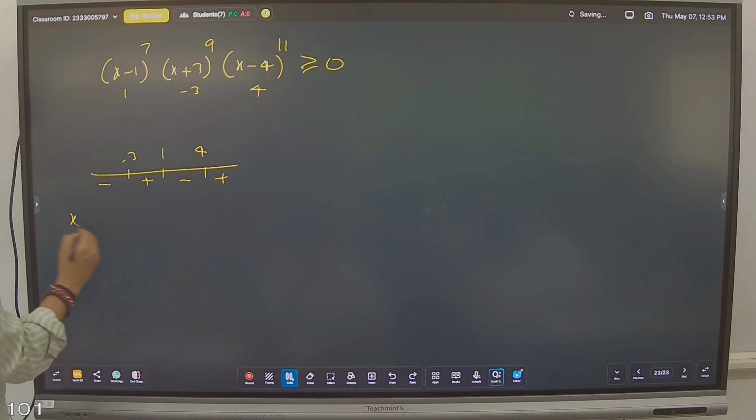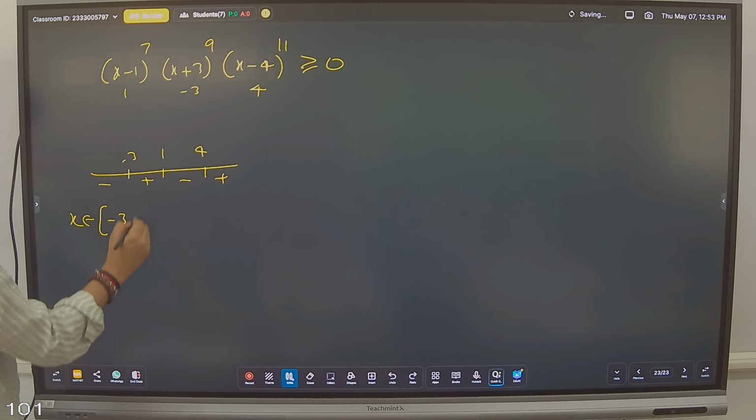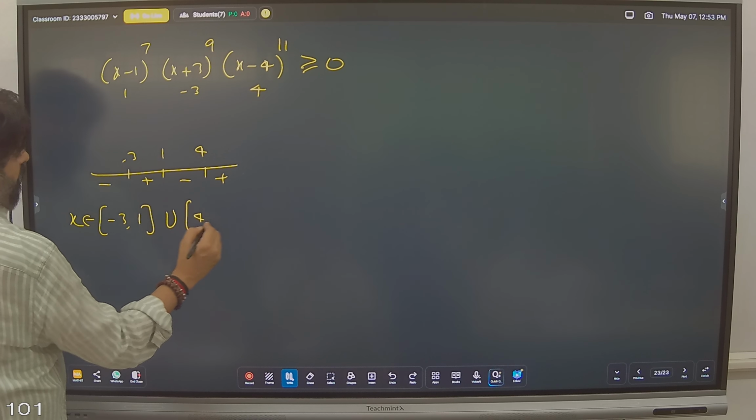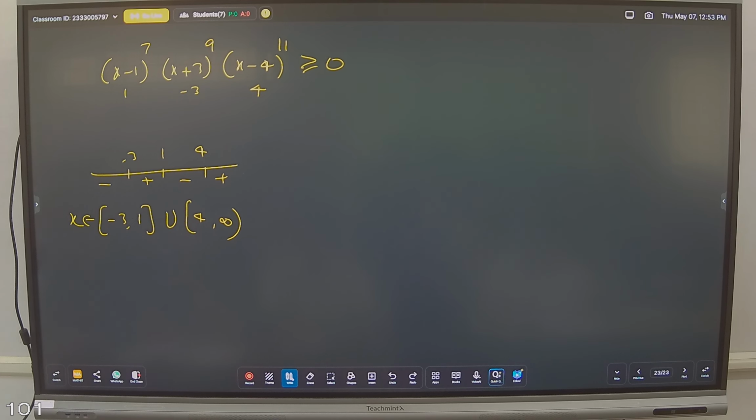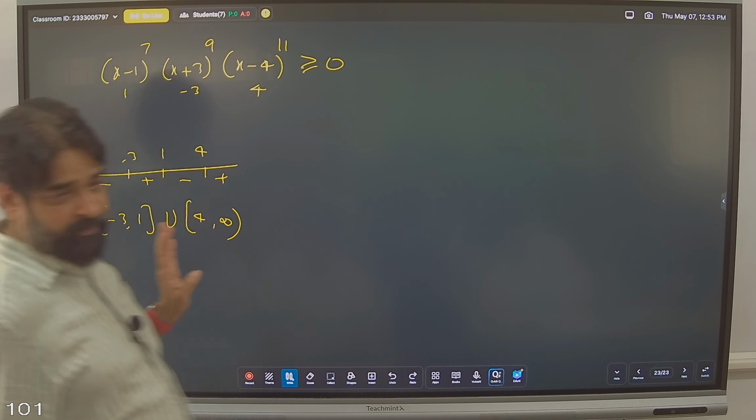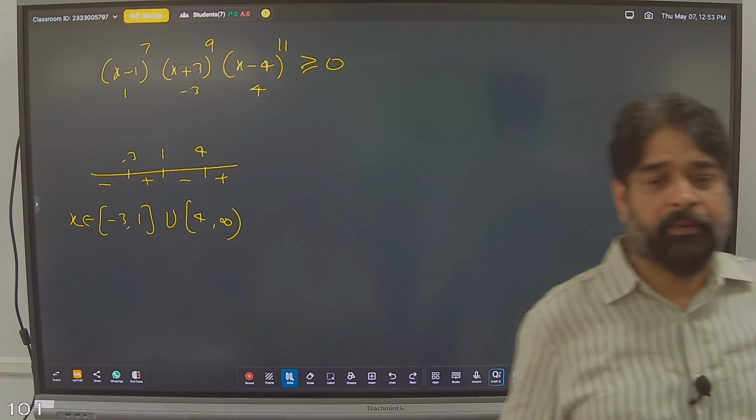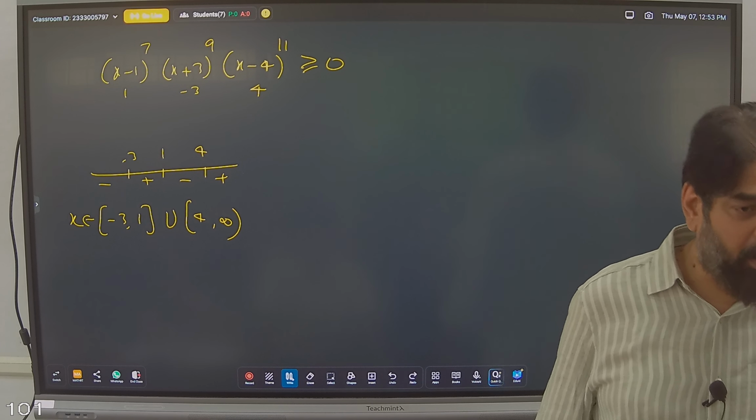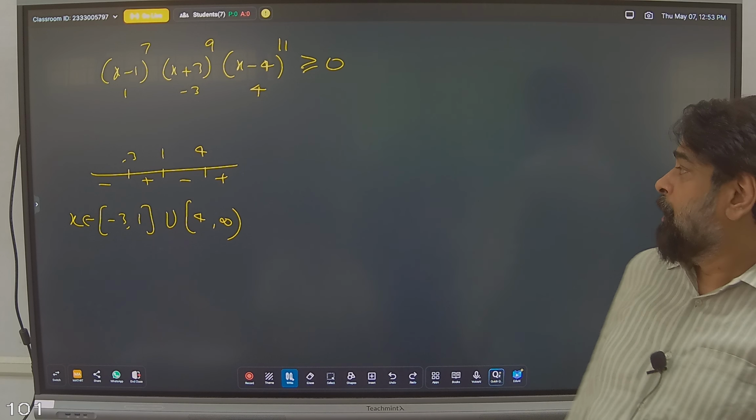We want positive, so x belongs to minus 3 closed to 1 closed, 4 to infinity. I hope everybody understood. Is there any problem? Okay.